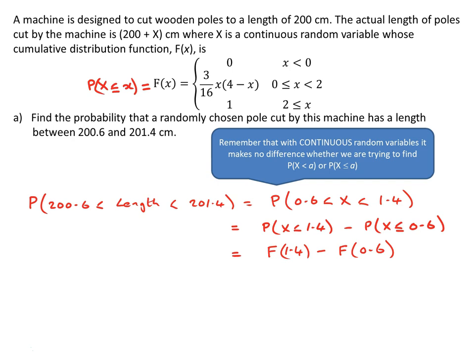Inserting 1.4 into the rule for F(x), we get 0.6825. Inserting 0.6 into the rule for F(x), we get 0.3825. So the required probability is 0.3.